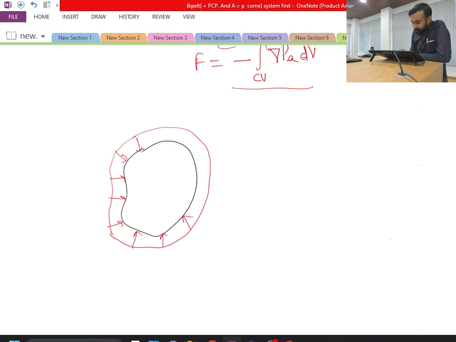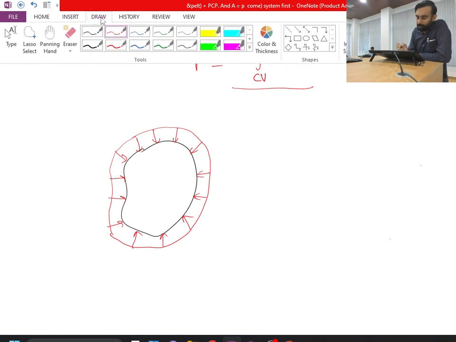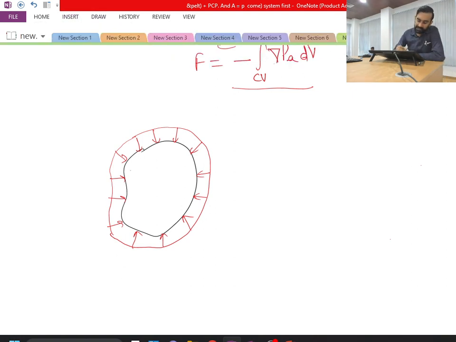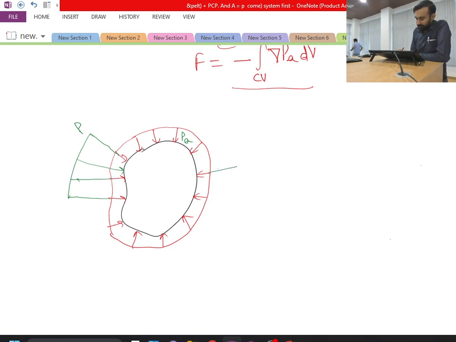This is the PA pressure which is acting, but this is not the only pressure. We have certain more pressure also acting in certain portions, not everywhere. So say here I have some pressure P acting over here, and the inside pressure is PA. This is not acting everywhere but only in certain portions.